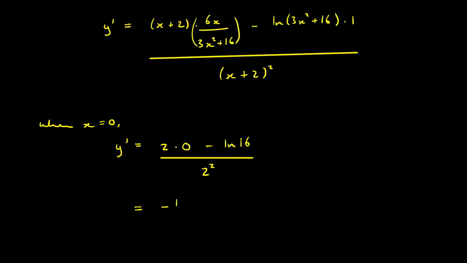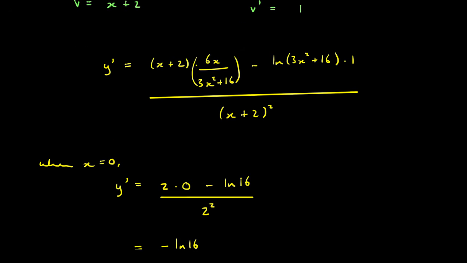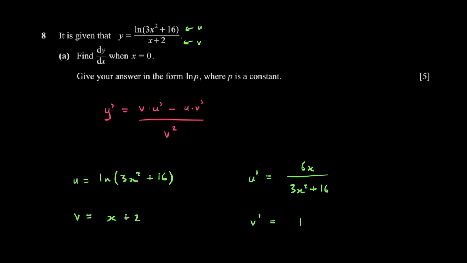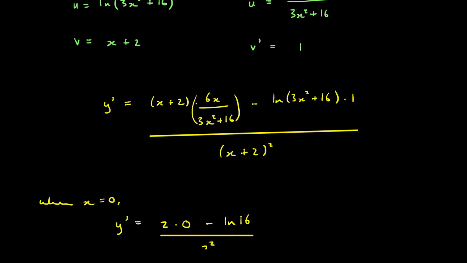So we get negative ln 16, all divided through by 4. And what are we asked to do? We're asked to leave it in the form of ln p, where p is a constant.